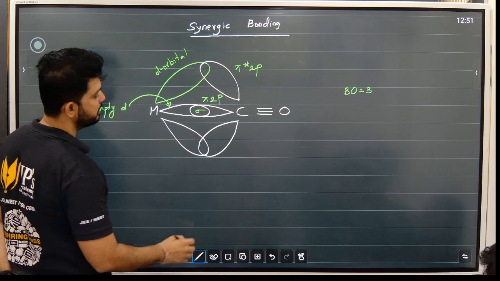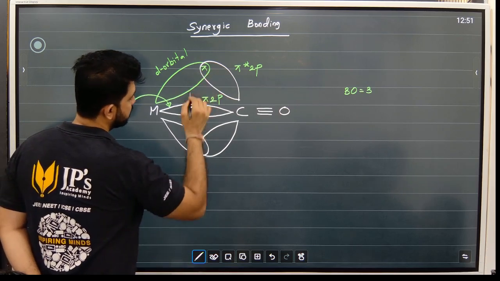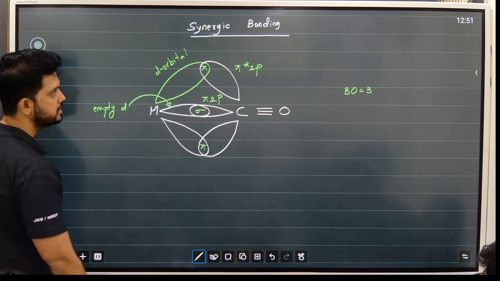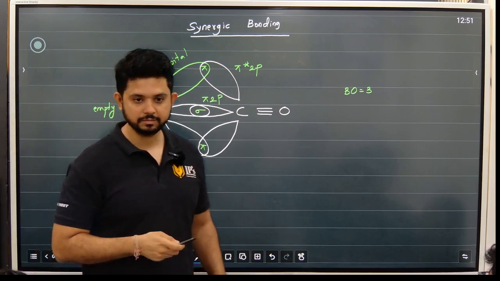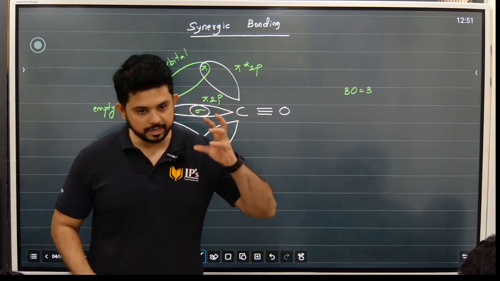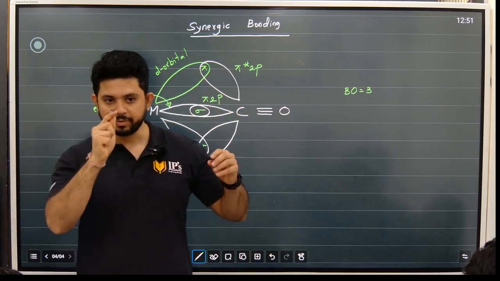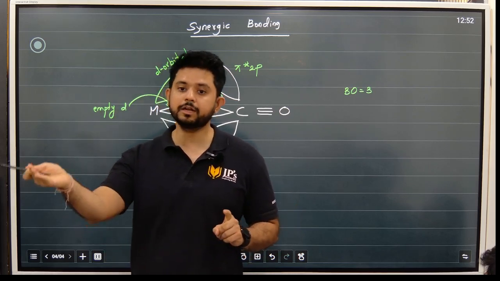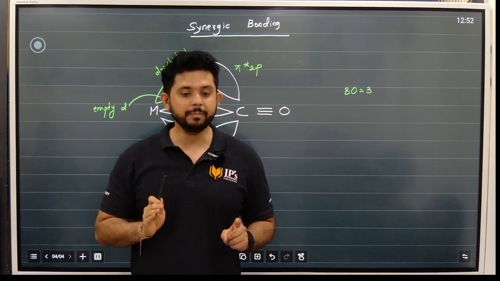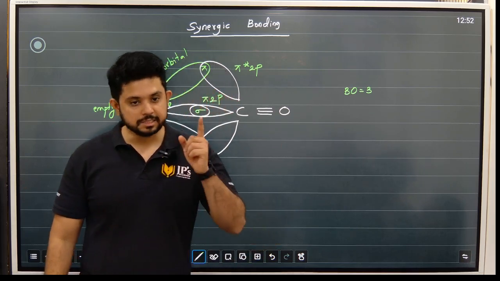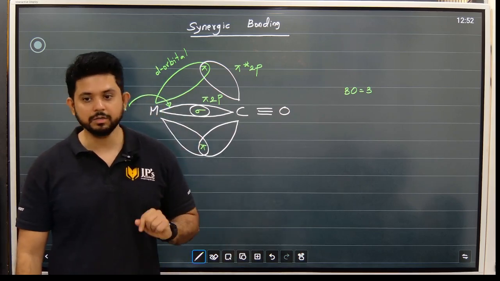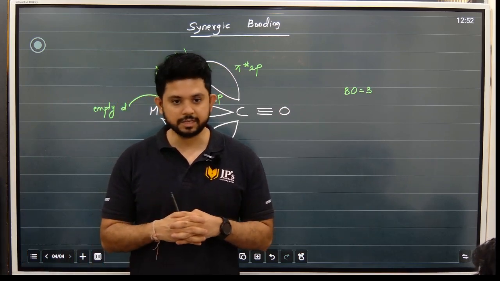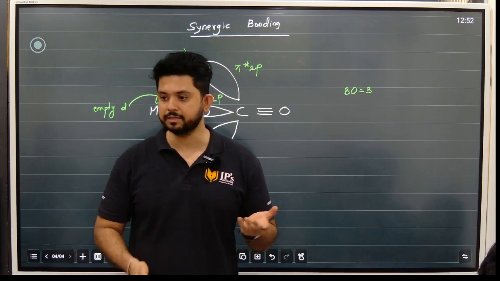This results in the formation of कौन सा bond, people? Pi bond. This is known as synergic bonding. Ligand is giving electrons to the metal, forming a sigma bond, but at the same time, the metal is giving electrons to the ligand and forming a pi bond. The sigma bond strengthens the pi bond, and the pi bond strengthens the sigma bond. Things happening simultaneously.